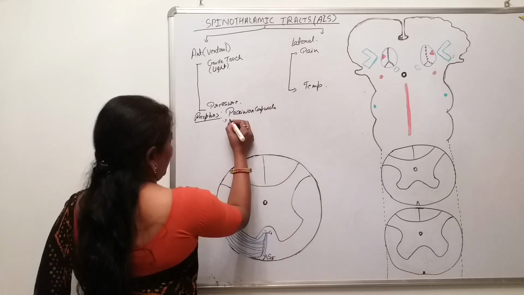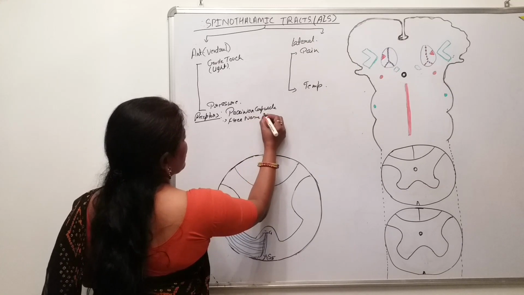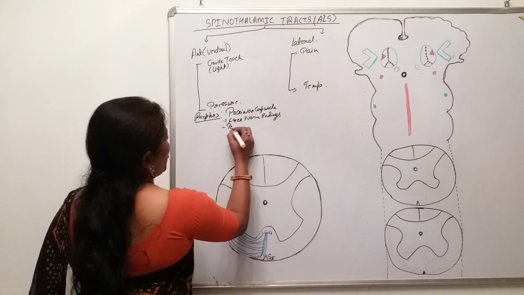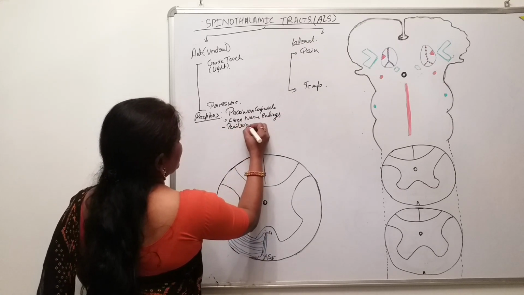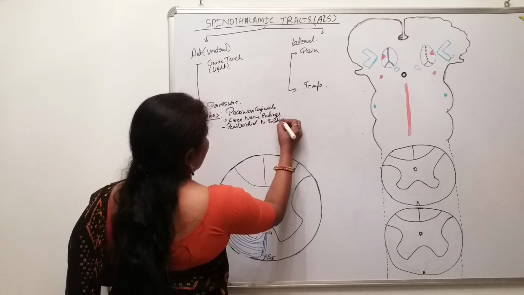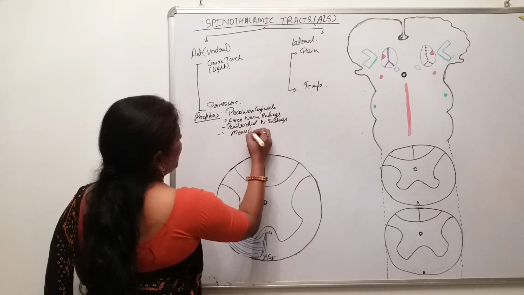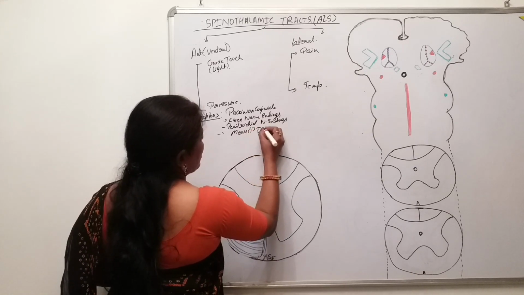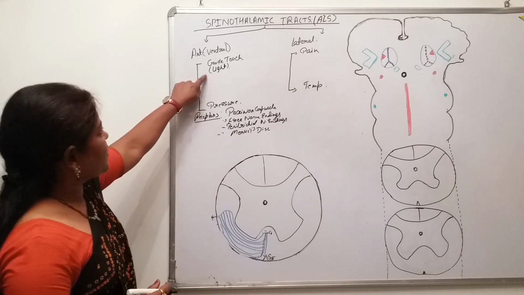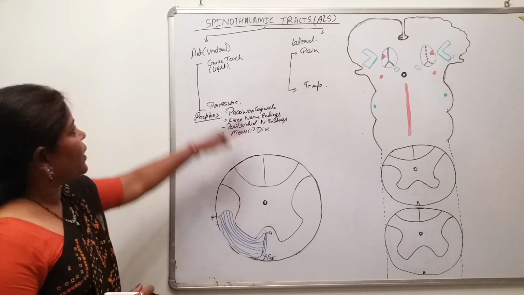Then come the free nerve endings, peritrichial nerve endings, and the Merkel's discs.